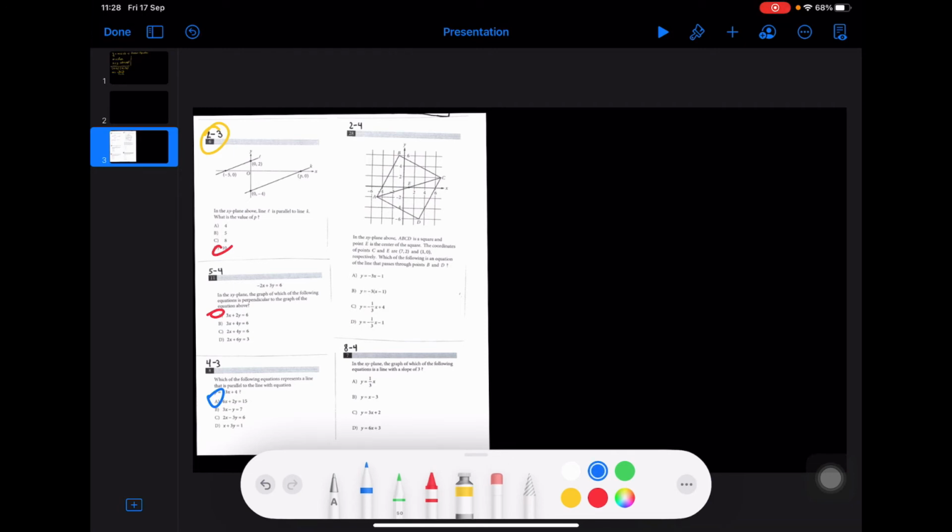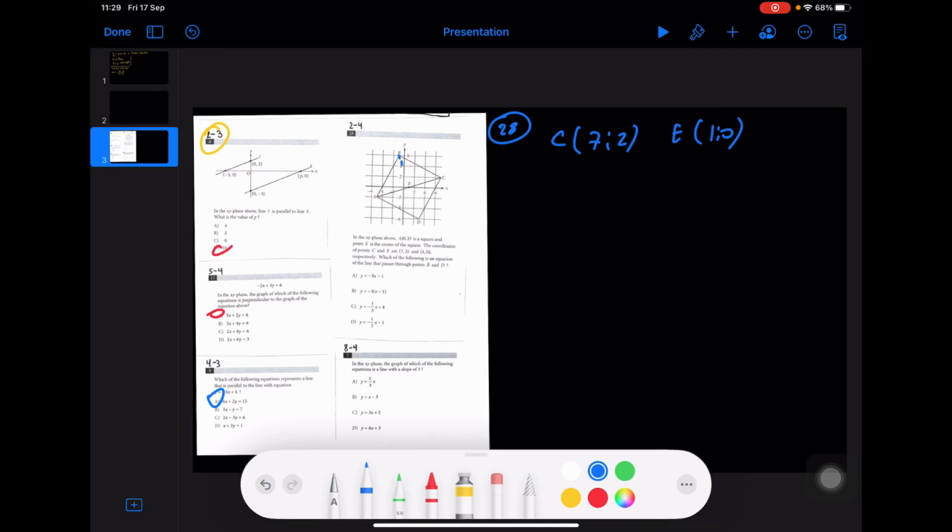What is next? 28. In the xy plane, ABCD is a square and point E is the center of the square. The coordinates of point C are (7, 2) and E is (1, 0), respectively. Which of the following is an equation of the line that passes through the points B and D?